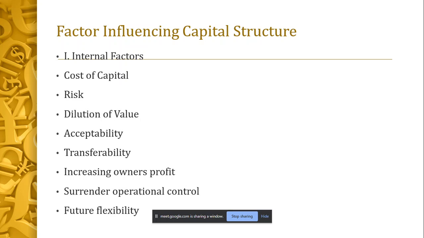Every organization would maintain a balance of some amount or some finance to ensure that there is future flexibility in the capital structure. Flexibility, as the name suggests, calls for the readiness to adapt to future changes. So that characteristic of the organization is also going to influence the capital structure.